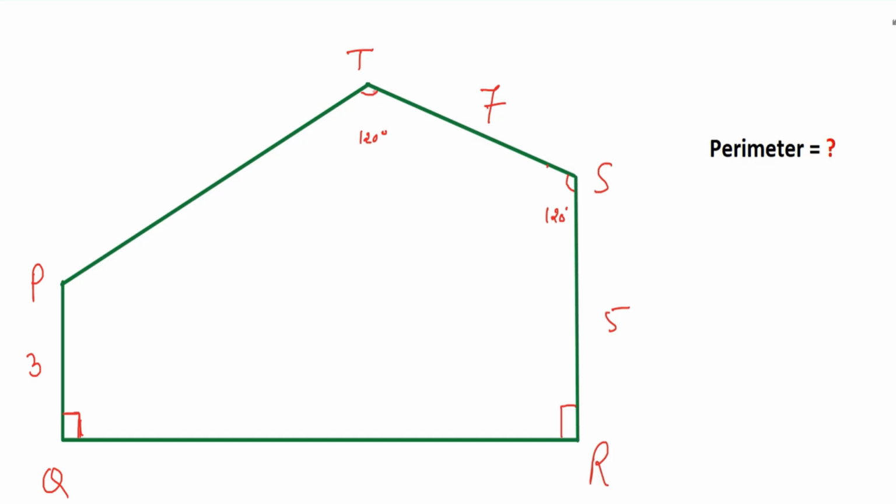So here, very first, drop a perpendicular from T on QR.